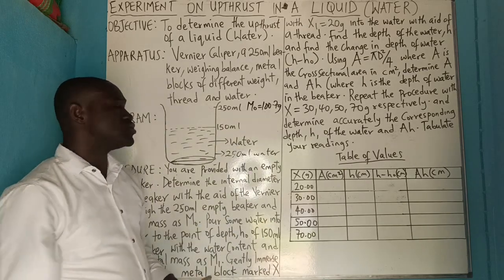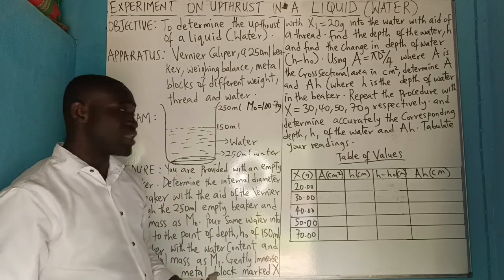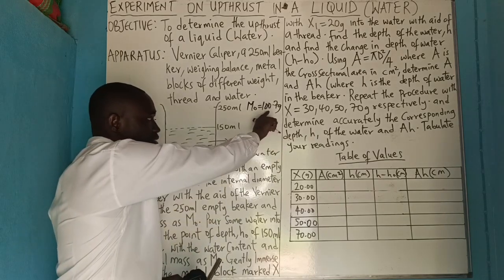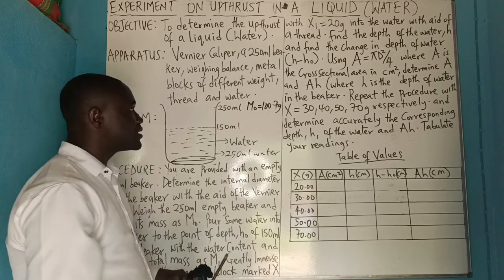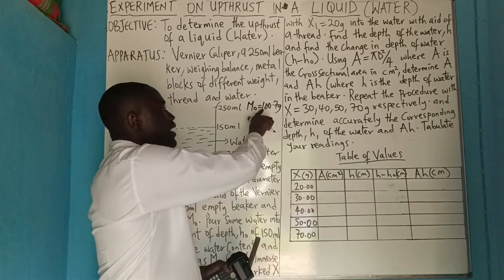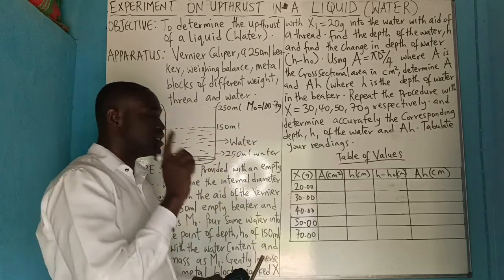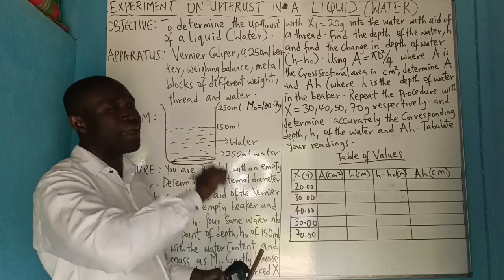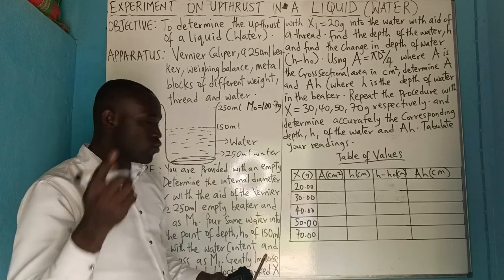To get the weight, you divide it by 1000, then multiply it by 9.8. That will be the weight. This is just the mass you get with a chemical balance or beam balance, etc. So when you get the mass in gram, divide by 1000, then it will go in kilogram, then multiply by 9.8, it will be in what? Newton. That is the weight.